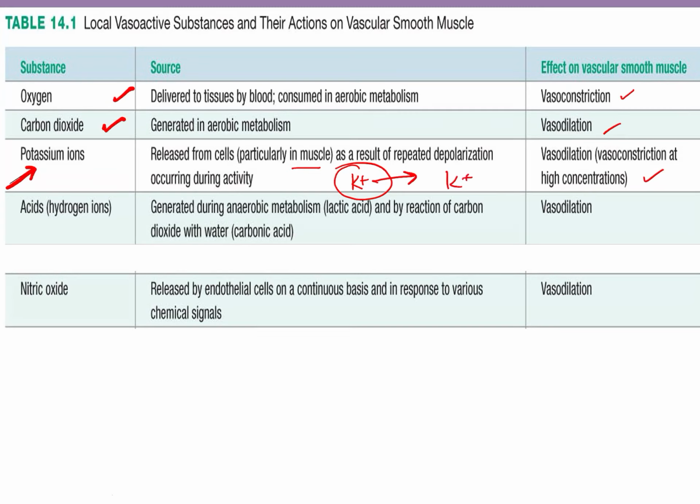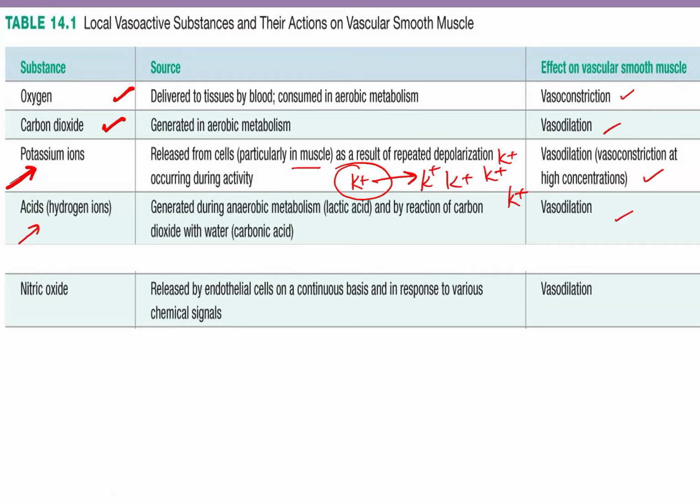When they are undergoing action potentials or depolarizing, they're going to lose potassium to the outside, to the environment, right? So extra potassium ions in that extracellular fluid is actually going to trigger dilation because it tells the blood vessels that these cells are very active and they're going to need more oxygen.